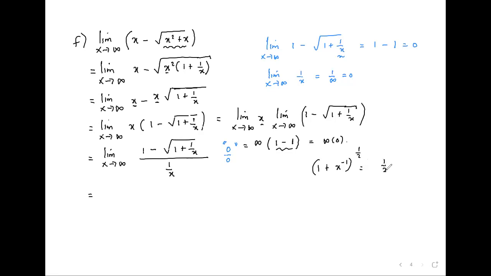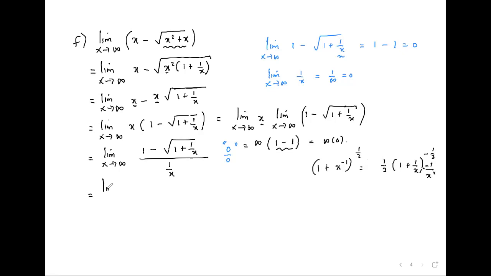And then 1 plus 1 over x to the power negative half, multiplied by the derivative of the inside. The derivative of x to the power negative 1 is negative x to the power negative 2, which is negative 1 over x squared.